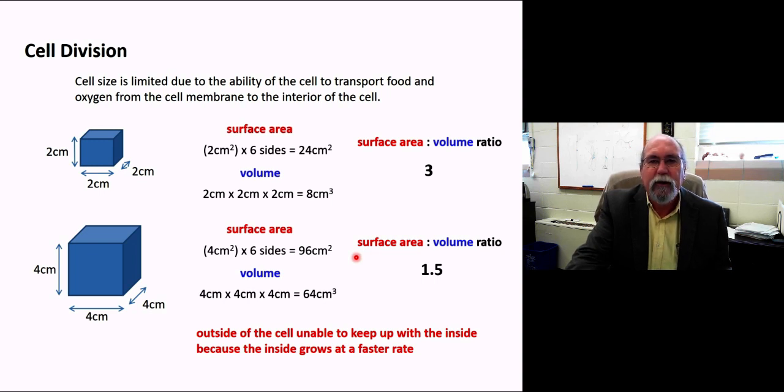What that means is when you increase the volume, you have less surface area per unit volume. In a small cell, you can easily transport oxygen back and forth. You can transport materials that you want to remove from the cell, waste materials, in and out. Once that structure becomes too large, it becomes physically impossible, or intractable at least, to effectively move material out.